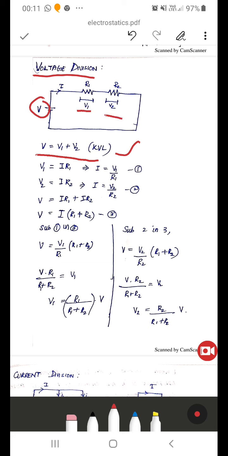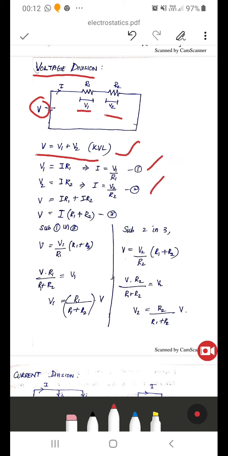So here V is equal to V1 plus V2, and V1 is given by I into R1, the current passing through the resistance R1. So I is equal to V1 by R1. And next, V2 is equal to I R2, so I is equal to V2 by R2. Let me mark these both equations as 1 and 2 respectively.